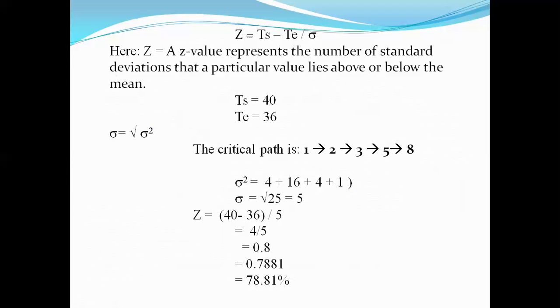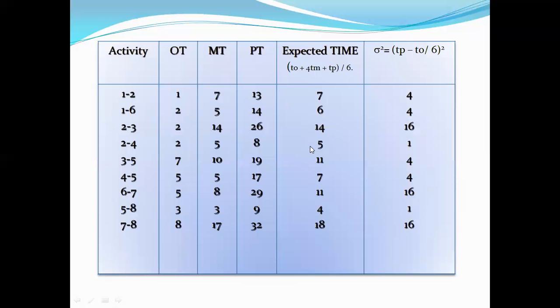So how do you calculate the variance? Now this is the important point. Sigma is equal to the square root of sigma square. Your path is 1 to 2, 2 to 3, 3 to 5, 5 to 8. You have to take the variance of the critical path only. So sigma square for 1 to 2 is 4.